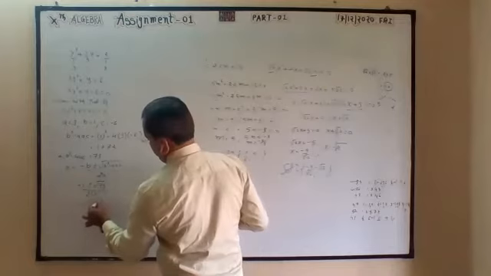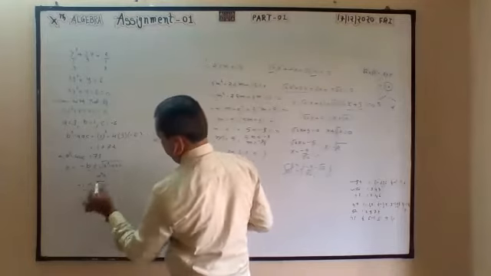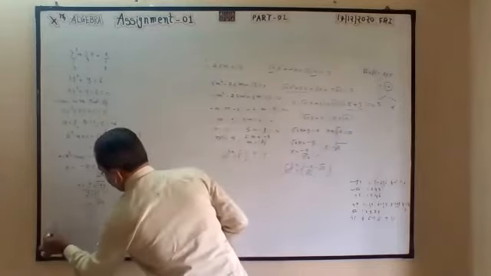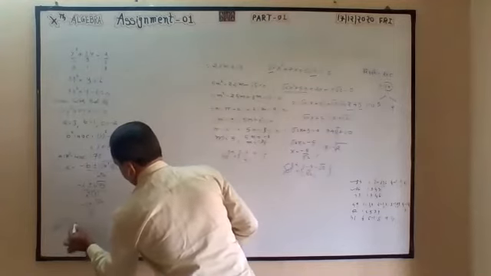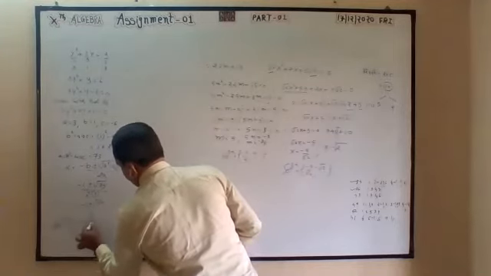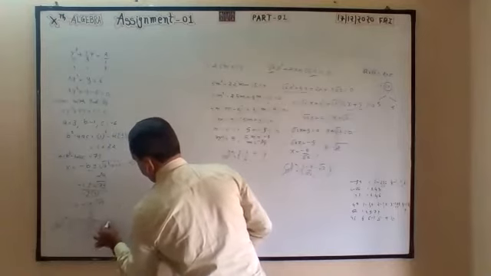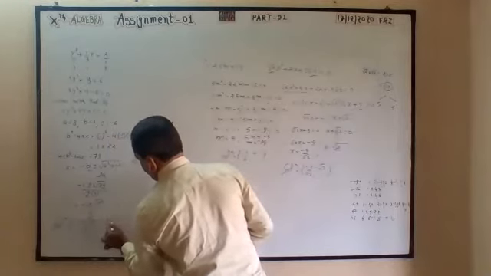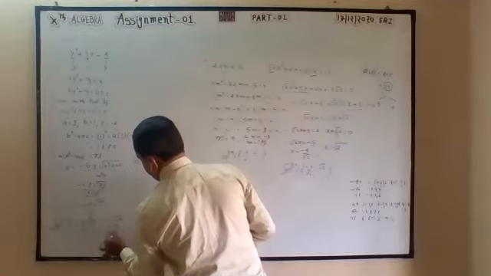Minus 1 plus or minus root 73 by 6. Now you can make the solution. Minus 1 plus root 73 divided by 6, minus 1 one time plus and one time minus.